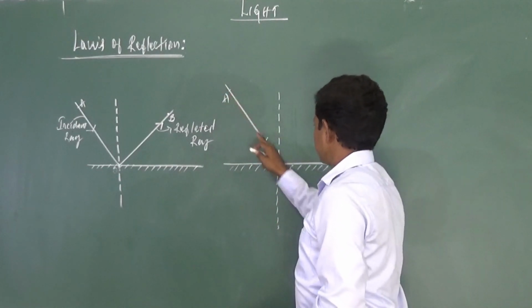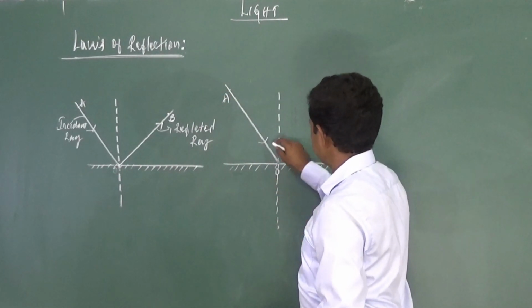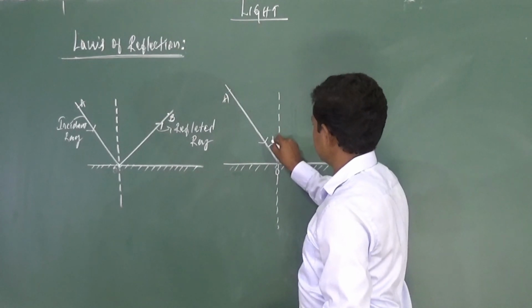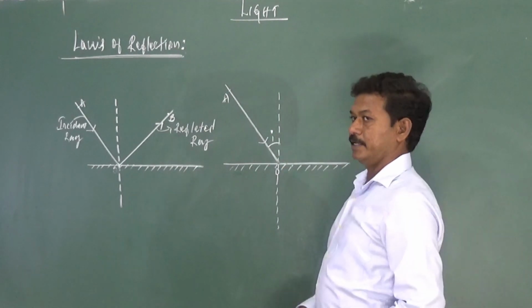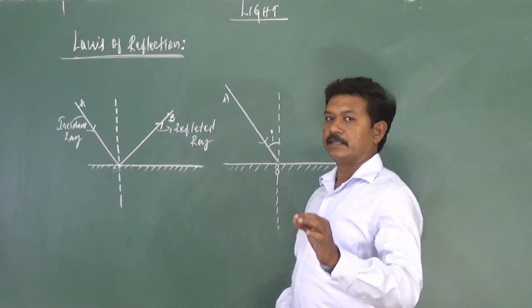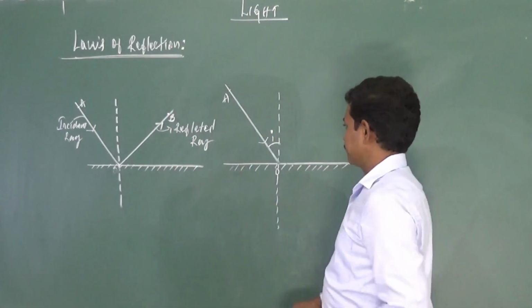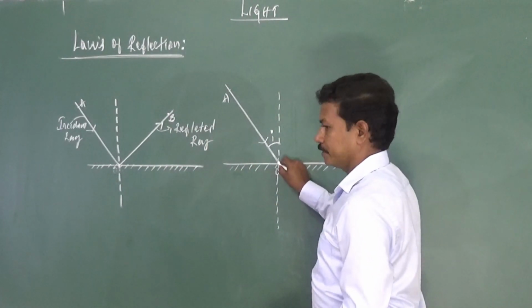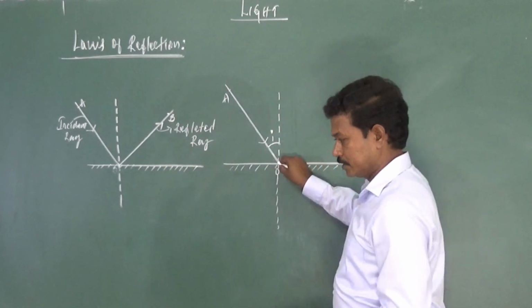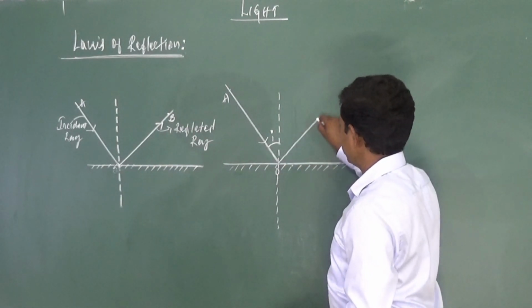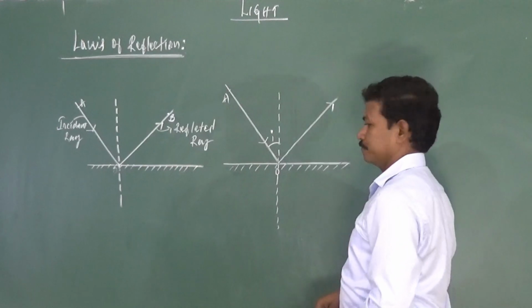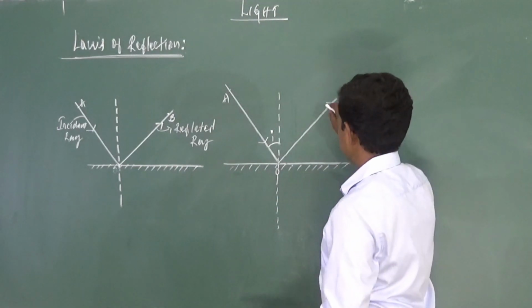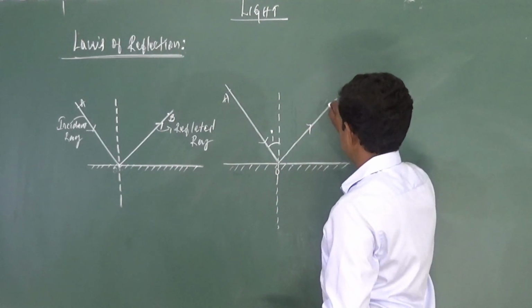Now the angle between the incident ray and this normal is called the angle of incidence, always represented by the small letter i. Next, the light ray after reflection from the mirror at the point of incidence moves in the same plane and goes out after bouncing back. Let us call it ray OB.